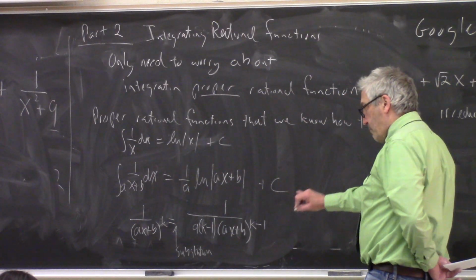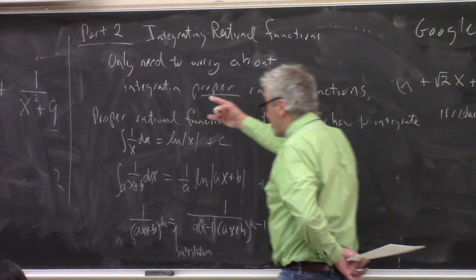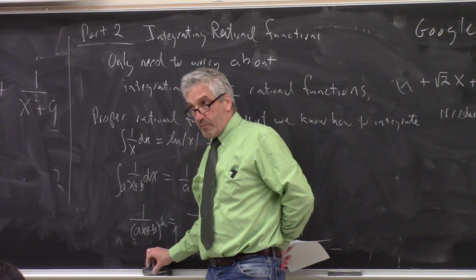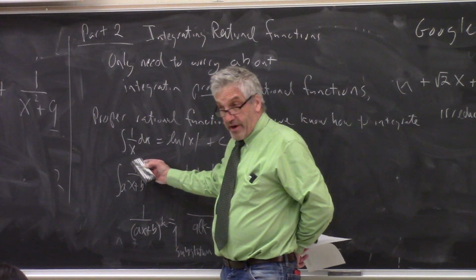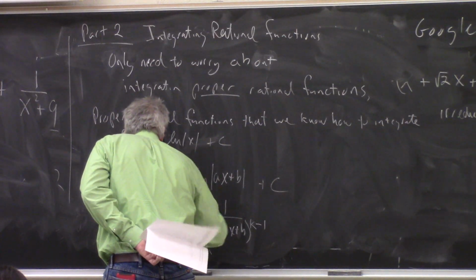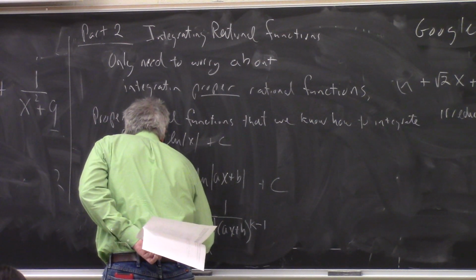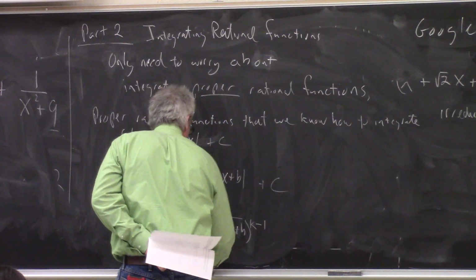Don't quote me on this. Don't put it on video on YouTube. Might be wrong. But the thing is, we know how to integrate all sorts of things of the form 1 over ax plus b. We can also integrate 1 over ax plus b when it's raised to the kth power. So that doesn't scare us.